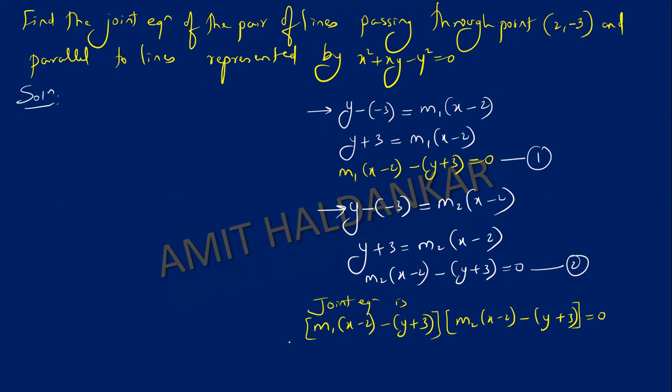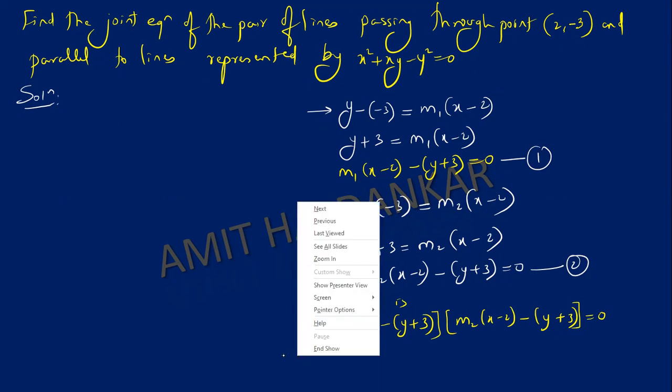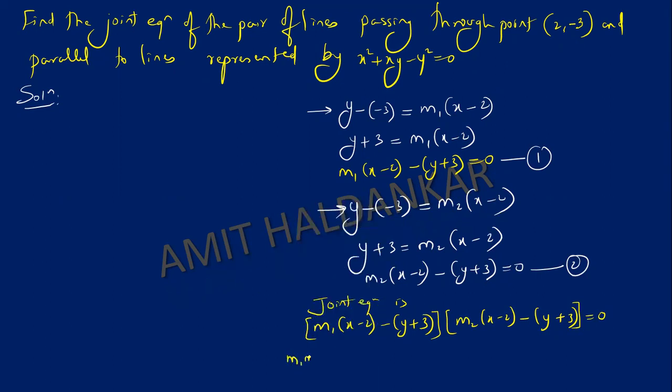When you multiply these two, you will get m1 m2 into x minus 2 square, then m1 into y plus 3 into x minus 2, and m2 into y plus 3 into x minus 2.